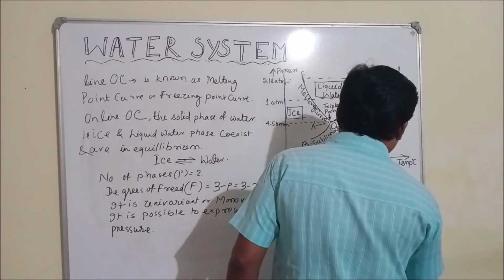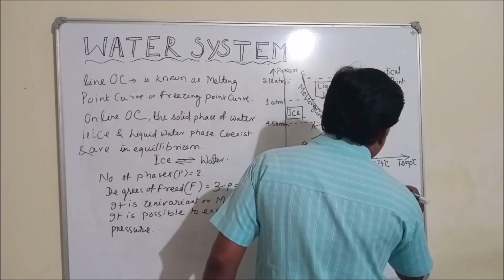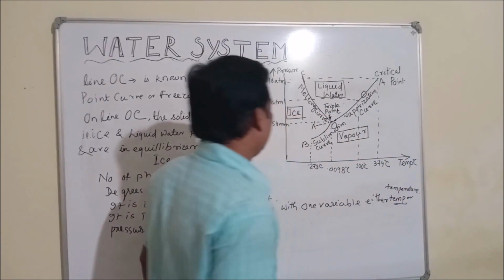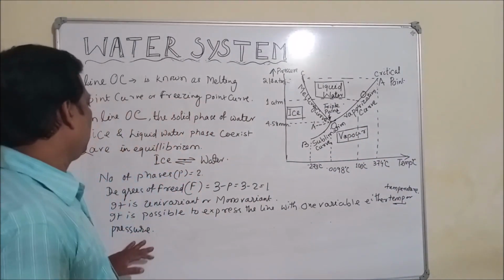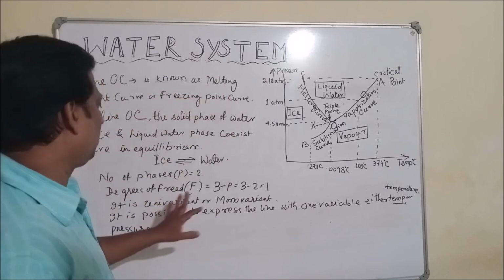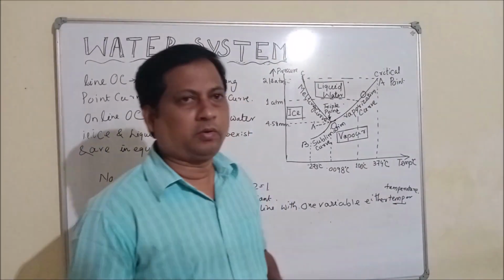Either you can take temperature or pressure, so you can use any. So it is univariant or monovariant, we say.